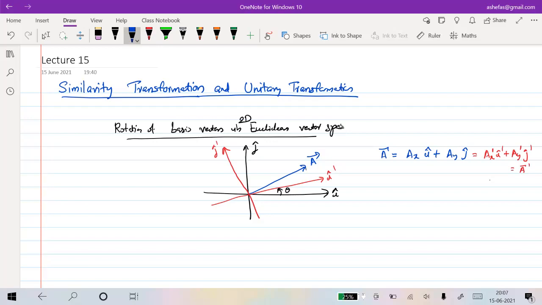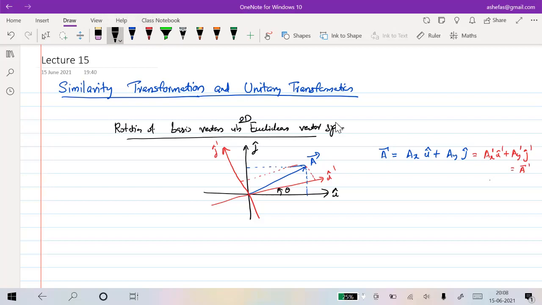So in the unprimed basis, we'll have its x component and y component, and in the primed basis, this length would be your x component and this length would be your y component.